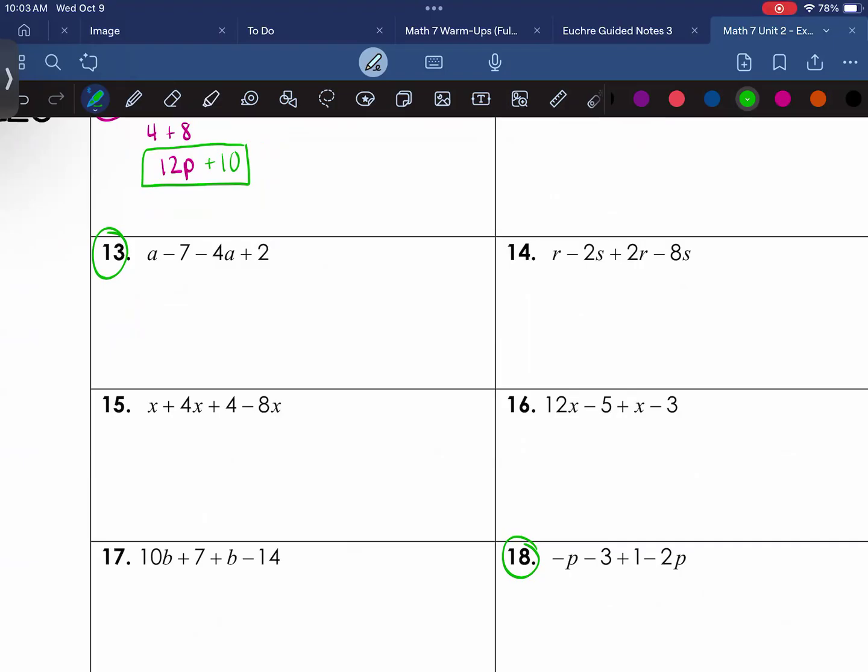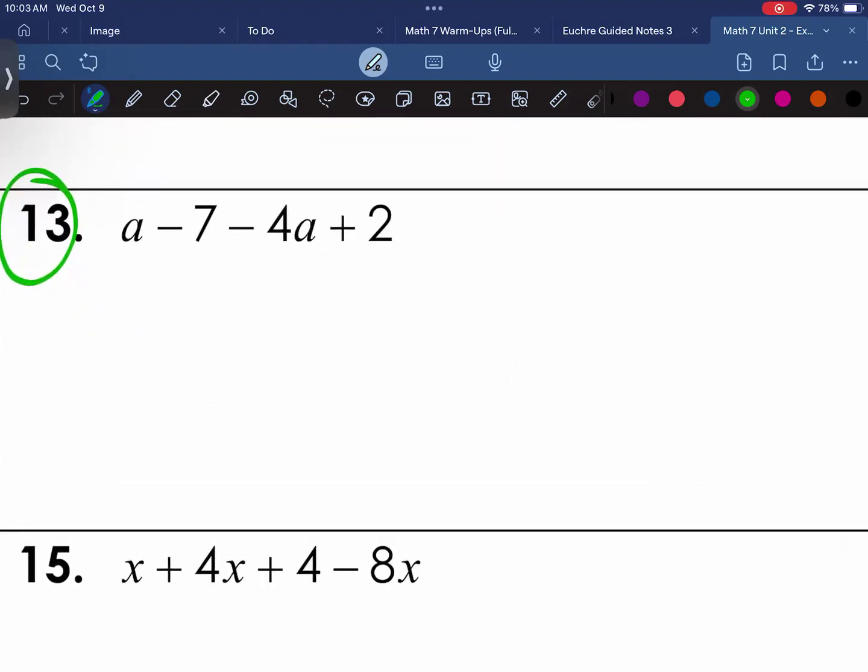Okay, should have paused. Number 13, I'm gonna circle my like terms. My variable terms, so here's my A, here's another A term. Remember that 1 is right there. So we have 1 and then minus, I got that minus sign from right there. 1 minus 4, that would be -3.